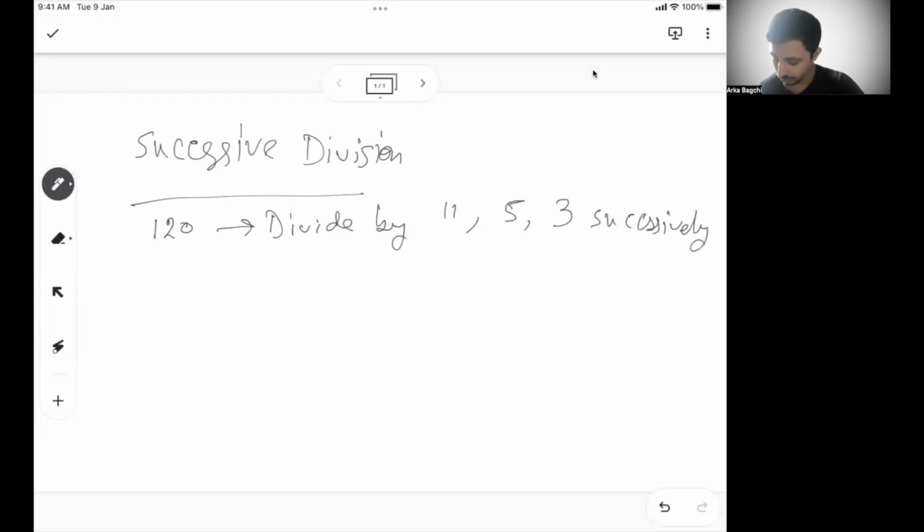So it's successive. As we know, in any division you have a divisor, then you have a quotient, and then you have a remainder.